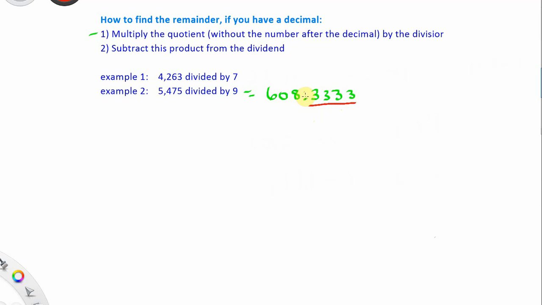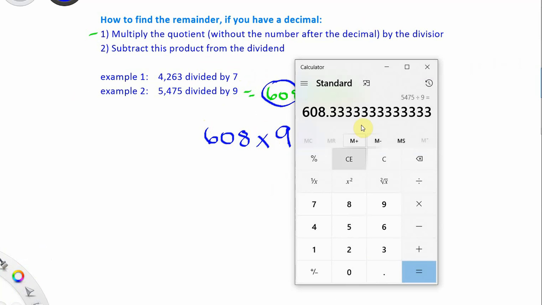So the first thing I have to do is multiply the quotient 608. So this is the number before. So I have to do 608, and I need to multiply that by the divisor. The divisor was 9. So 608 multiplied by 9.